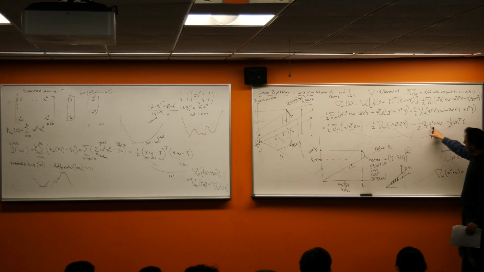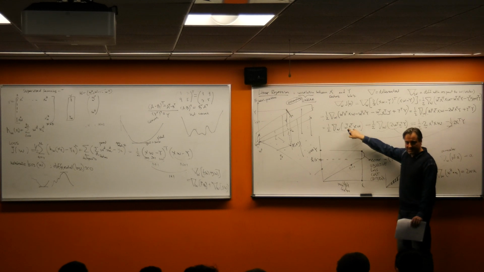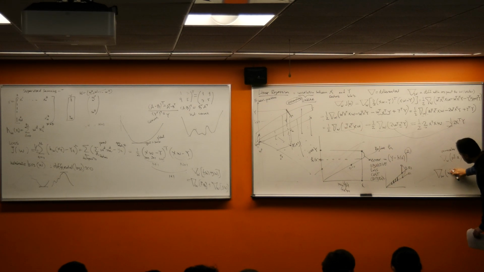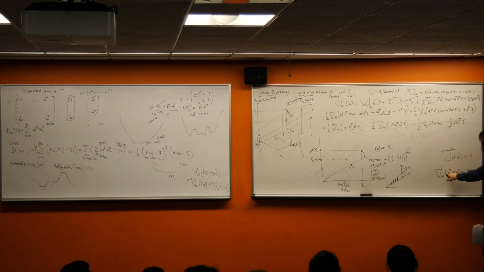Is that what happened here? There's a 2, and then there's a W left, and then whatever was inside. Of course, to match it there, it has to be the transpose times the A times W. For scalars, doesn't matter, right? This is still W squared in here. Whether it's transpose or not, it's W squared. Hands up, is everyone with me?